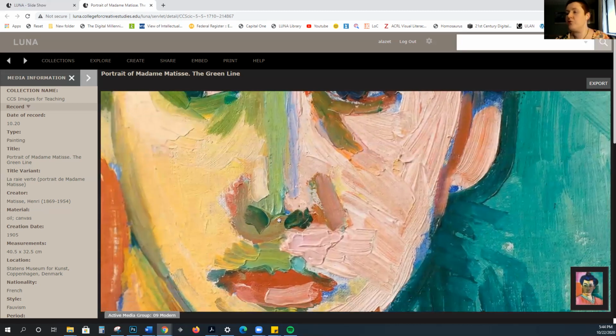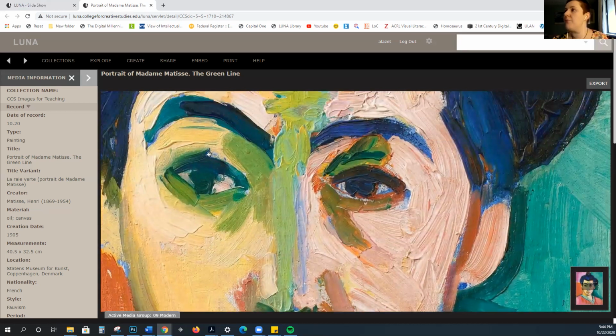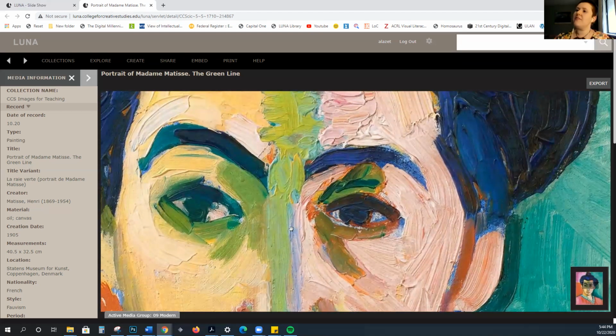So this is a portrait from 1905. It's called Portrait of Madame Matisse, The Green Line. This is by Henri Matisse, and it is a portrait of his wife. You can see when you look in close just how abstracted this is. But this is abstracted in a different way than Impressionism.